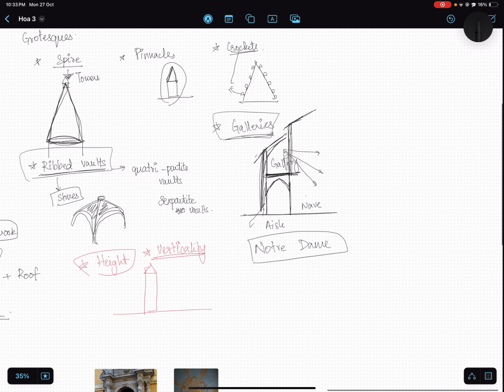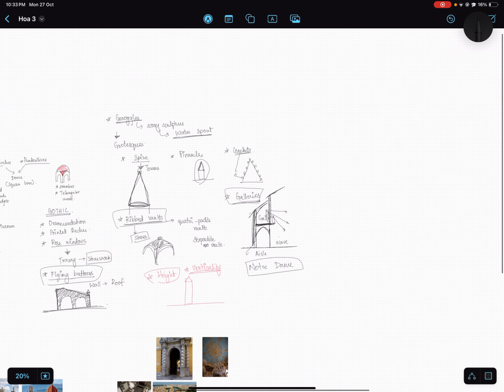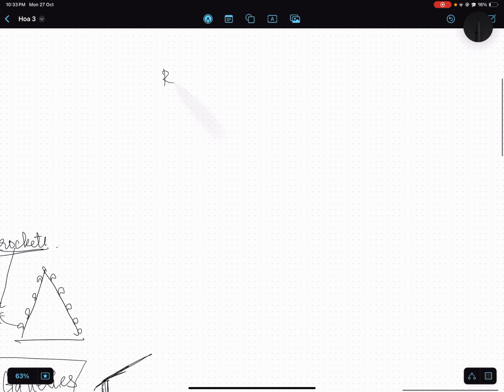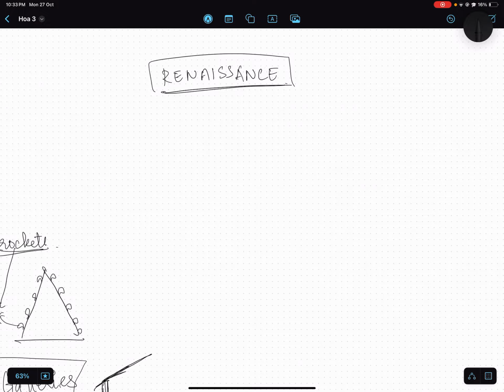Let's move on to Renaissance. Up to Gothic, the level of ornamentation increased and Gothic was at the peak. So what happened with Renaissance is they wanted to go back. They wanted clean structures, less ornamentation, and that's what they did.